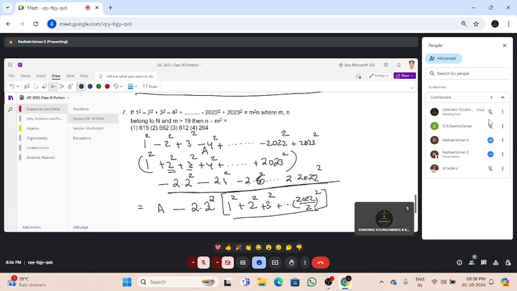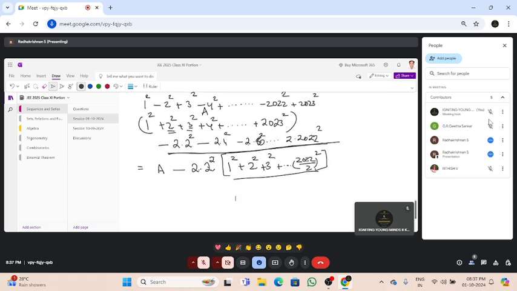Okay. So please continue. Let us say this is B. So find out A and B. So this formula we know, right? n into n plus 1 into 2n plus 1 by 6.